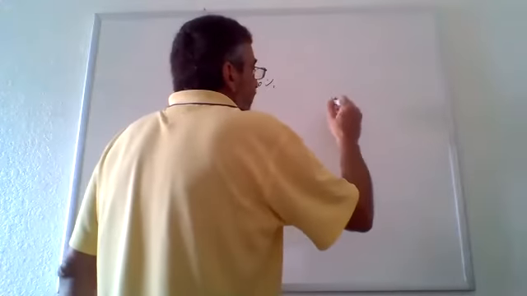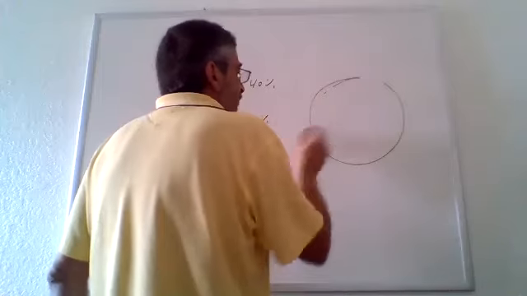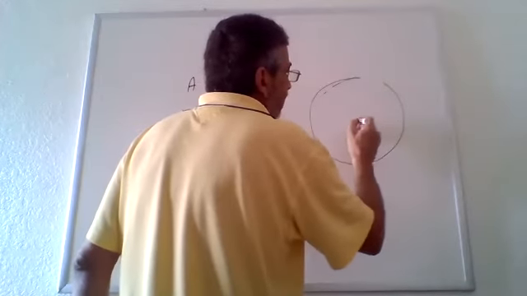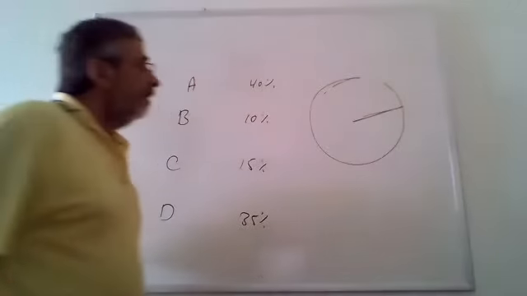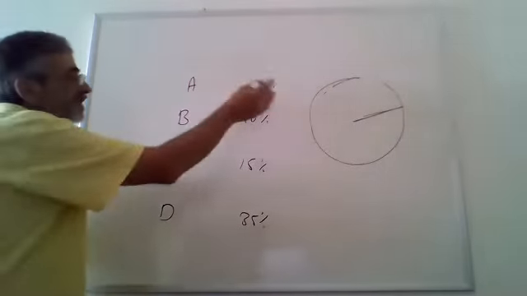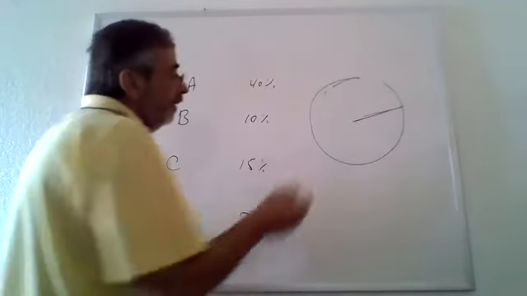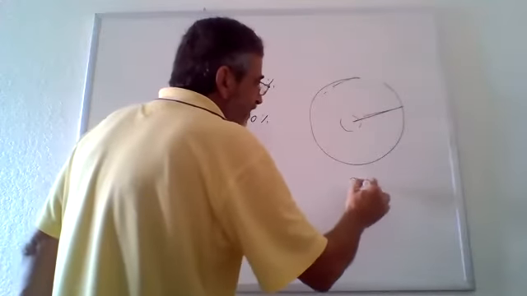To figure out on a pie graph, actually we're going to start at the center. You can pick any line to start with. Let's say I want to start with this line. So first of all, 40%, I need to know what angle that is. We know the whole angle around is 360 degrees.